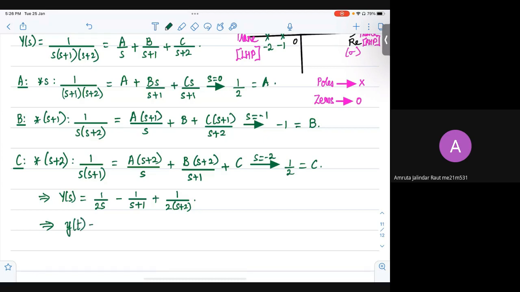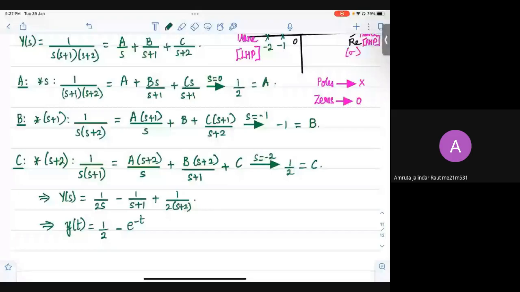What will be the inverse Laplace transform of 1 by 2s? It will just be 1 by 2. And what about 1 over s plus 1? It will be e power minus t. And what about the last term, e power minus 2t.